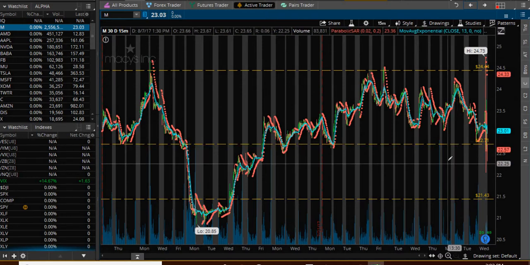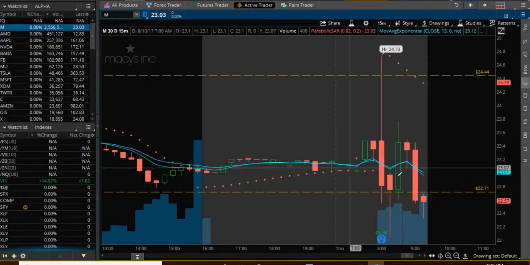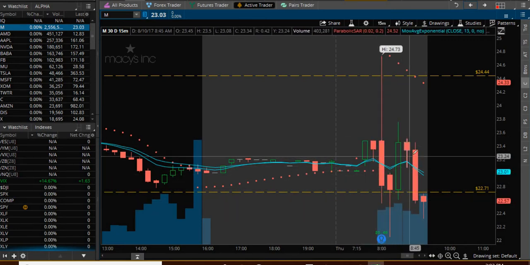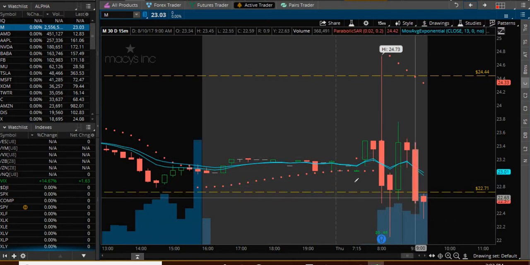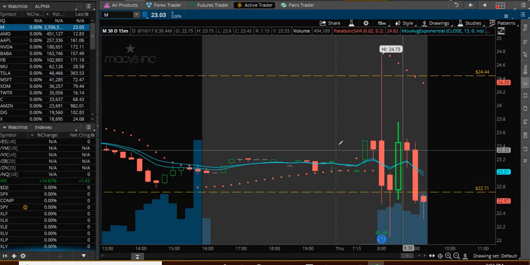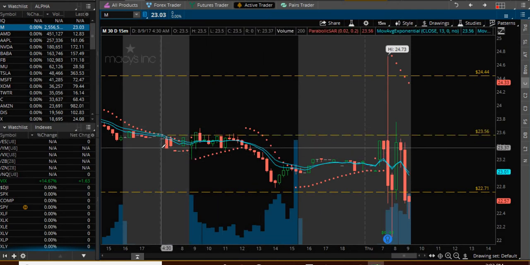Let's look at our pre-market. What's happening? We have a lot of activity, but mostly looks like a lot of selling action. All right. Now we do want to plot our support and resistance lines on the day before, right?